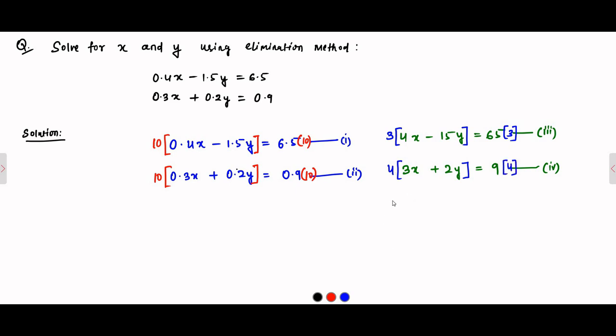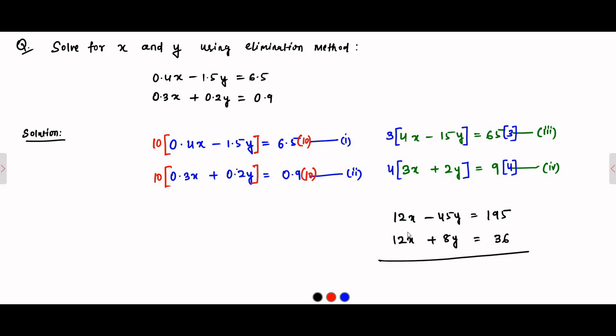So what do we have? We have 12x minus 45y is equal to 180 plus 15, that's 195. And here we have 12x plus 8y is equal to 36.